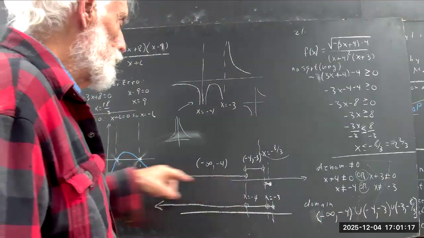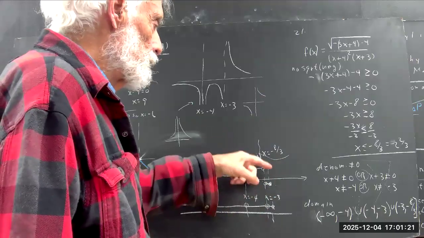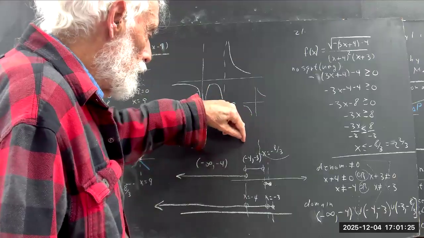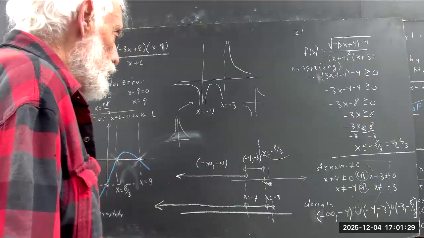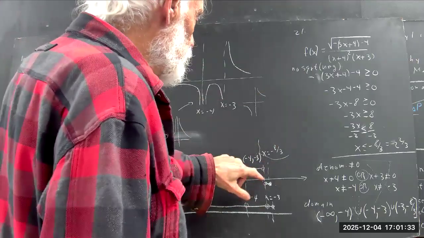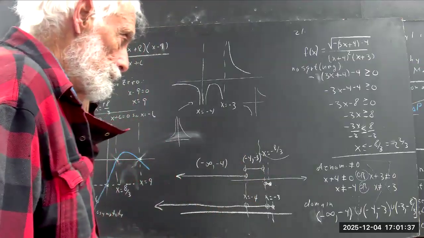Any number less than negative 4 will be less than negative 8/3, which is your negative 2 2/3. So we've got negative 8/3 here, we've got negative 4 here, and we've got negative 3 here. As far as the numerator is concerned, any number less than negative 8/3 is fine.